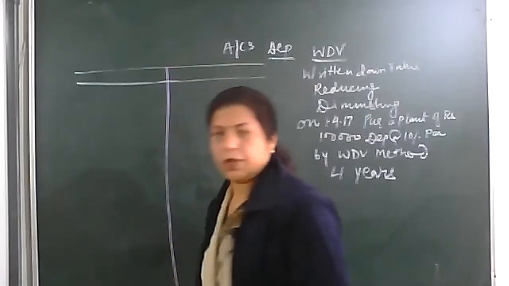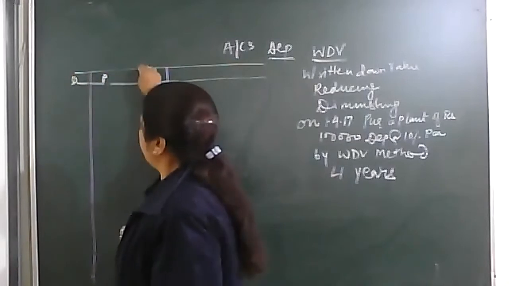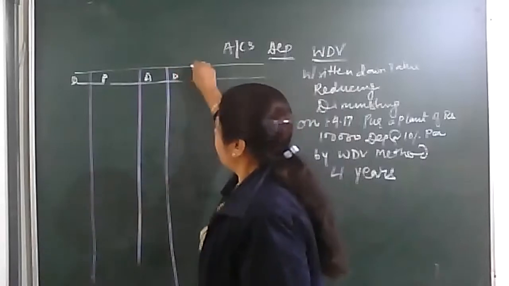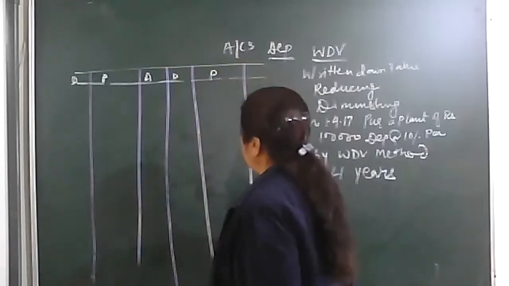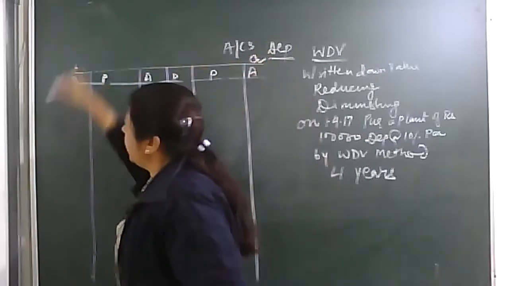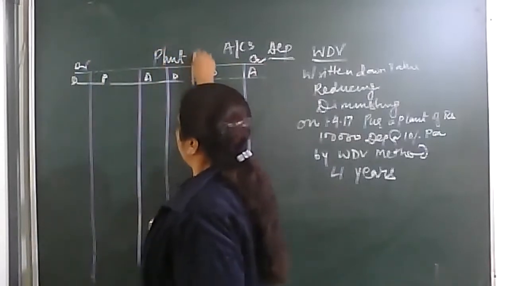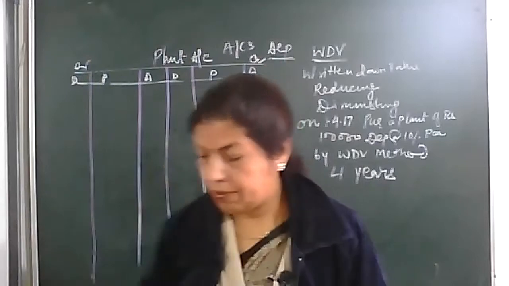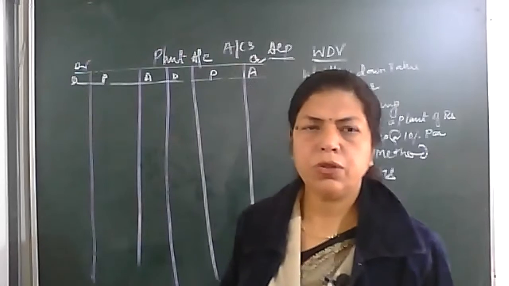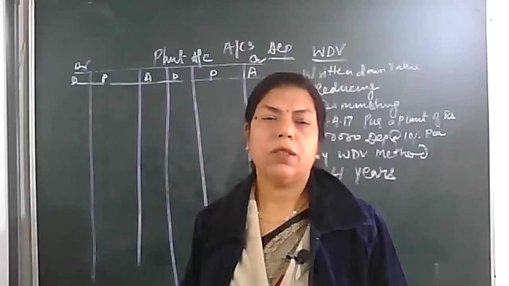Make the format: date, particulars, amount, date, particulars, amount. This is credit, this is debit, and we have to make the plant account. Please make the format. Note down the question.